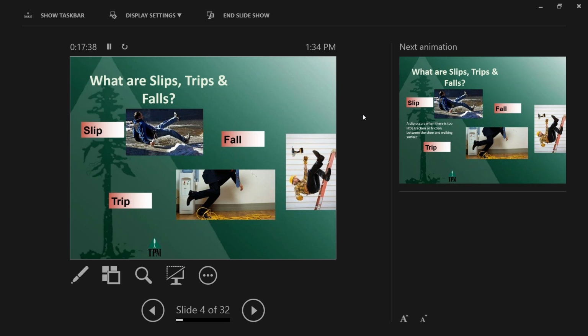Falls tend to be lower frequency but a much higher dollar amount. If we're going to have a fatality, it's almost certainly going to come from a fall. We could fall off a loading dock, off a ladder, or off the top of a dust collection bin. So this is a pretty broad group of topics, but a lot of the same things apply.